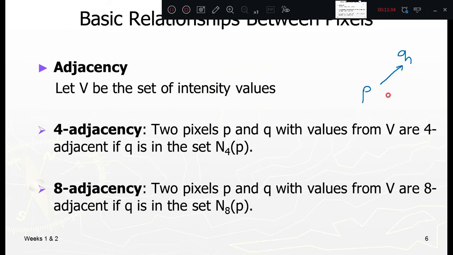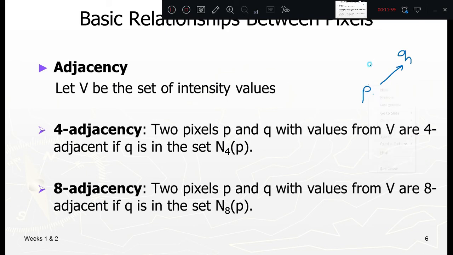Throughout we are referring to it like this, P and Q. If I consider 4 adjacency, if you want to go from P to Q, you have to always follow the path of 4. 4 in the sense you always go either vertically or horizontally. If I want to go from P to Q, you can't go directly in 4 adjacency.